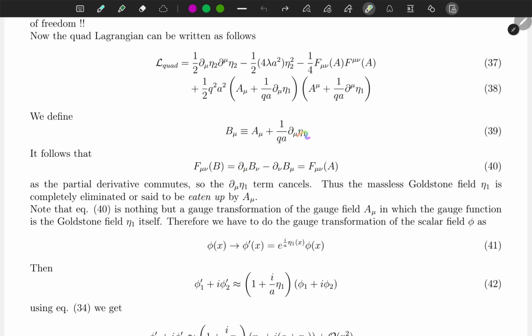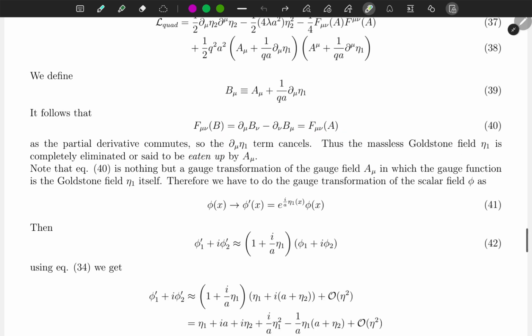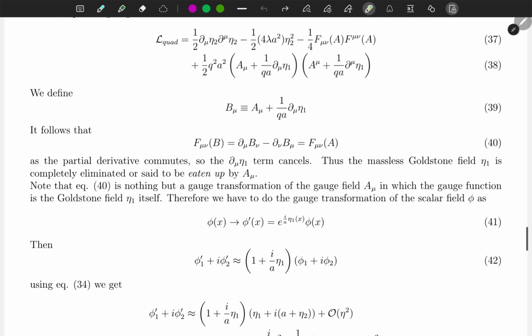These partial derivatives commute, so this term will cancel effectively. So this kinetic term remains the same for the B field, also for the A field. By this process, this Goldstone field is absorbed in the gauge field. So by this you basically remove the Goldstone field. The Goldstone field is absorbed into this field.